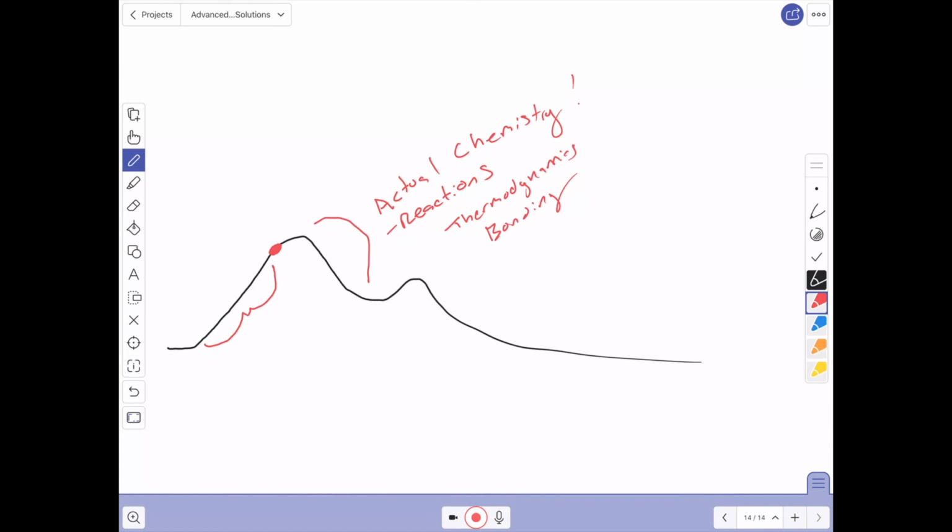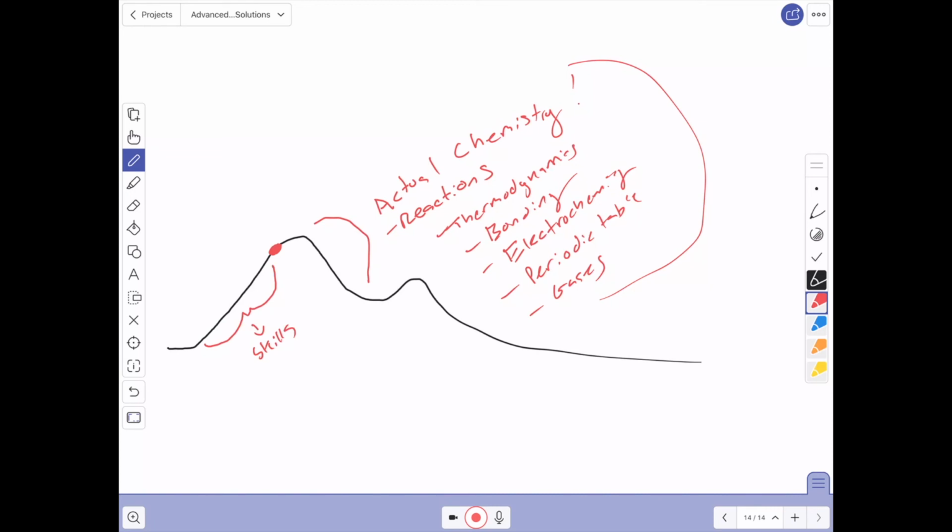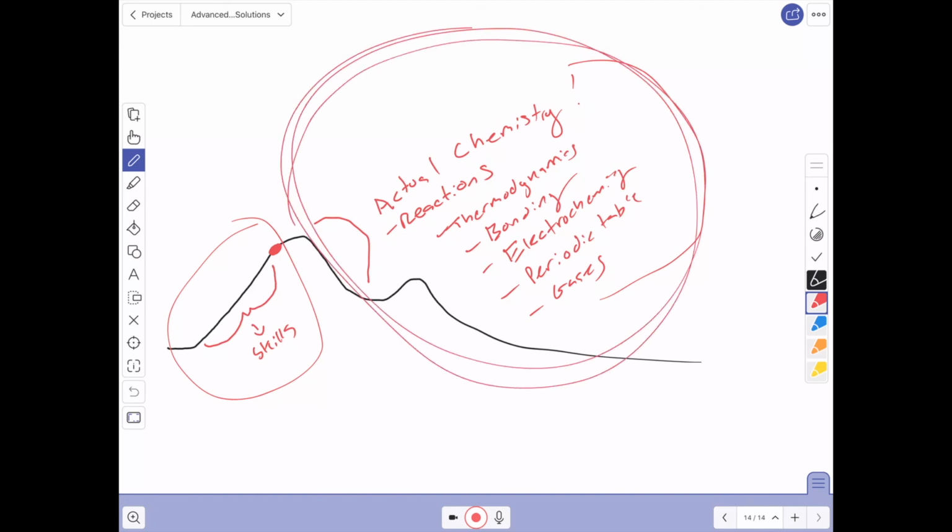Reactions is the biggest one. Thermodynamics, bonding, electrochemistry, the periodic table, gases. There's so much chemistry that we have, but you've got to have the skills to do it all. So we're getting all of those skills under our belt so that we can actually do chemistry. So keep on trucking along.